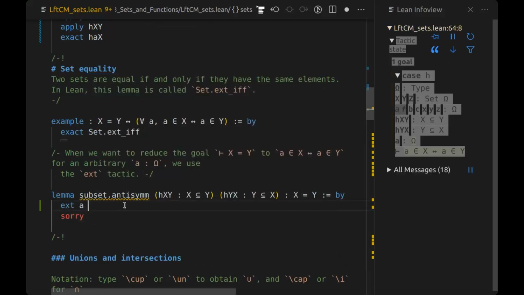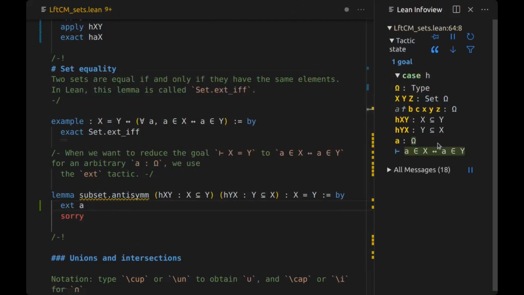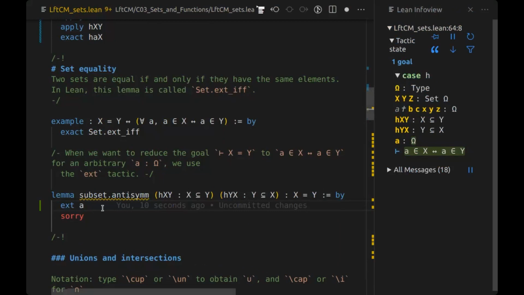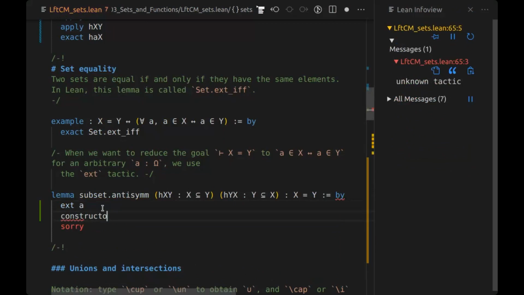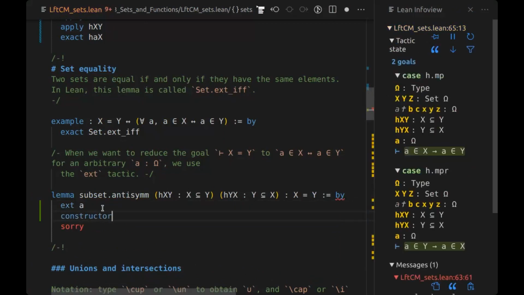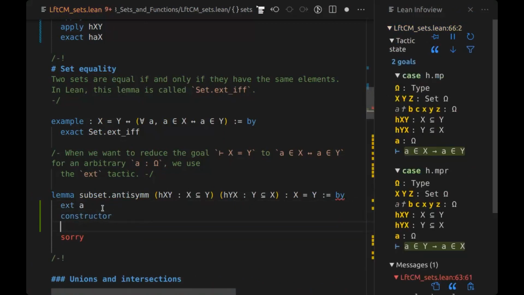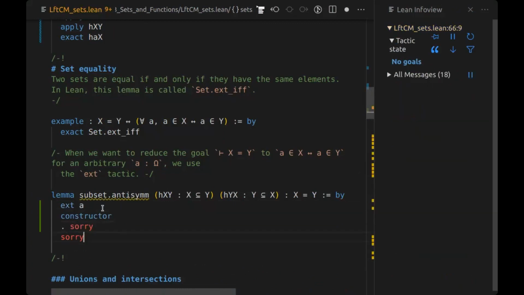So it's going to introduce a variable A and change the goal to A belongs to X if and only if A belongs to Y. Okay. So now, since this is an if and only if, I can use constructor to get each of the two implications. Now, I'll have to prove each of them separately.